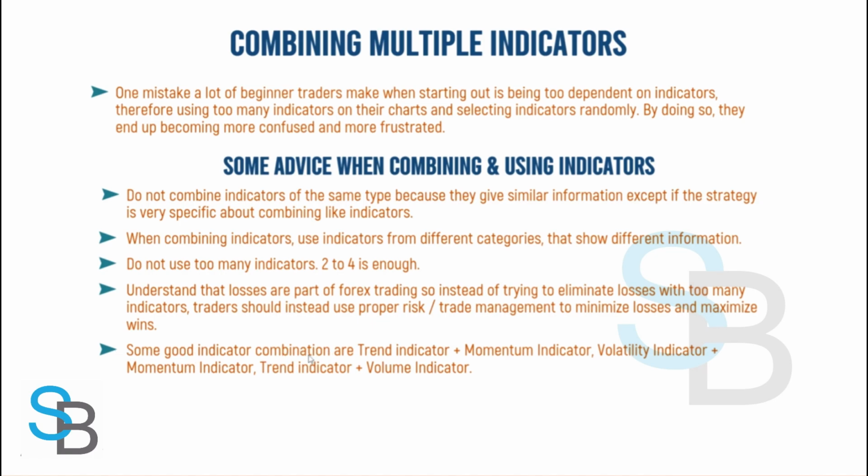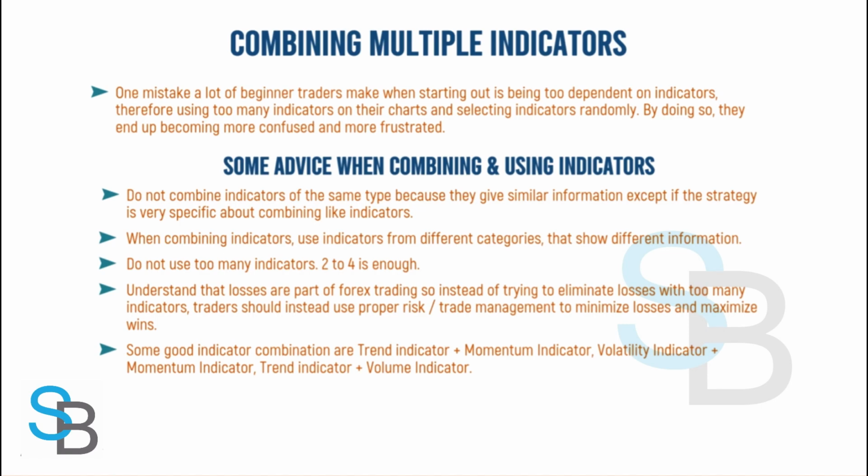Some good indicator combinations could be trend indicators plus momentum indicators. So one trend indicator plus one momentum indicator, and then volatility indicator plus momentum indicator, and then trend indicator plus volume indicator. You could also have one indicator from each of three classes of indicators combined, so that they give you good signals.